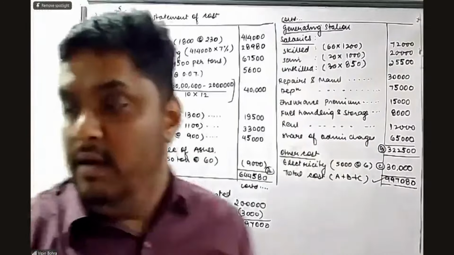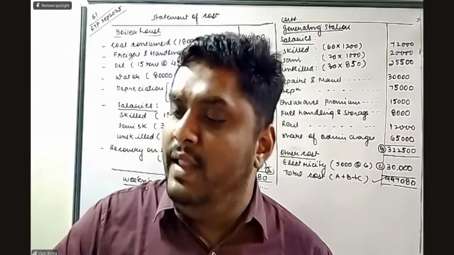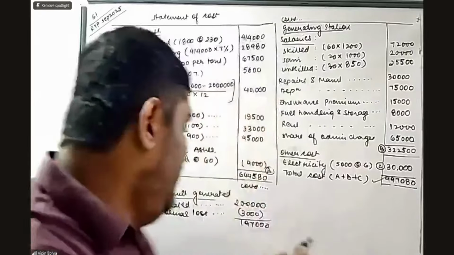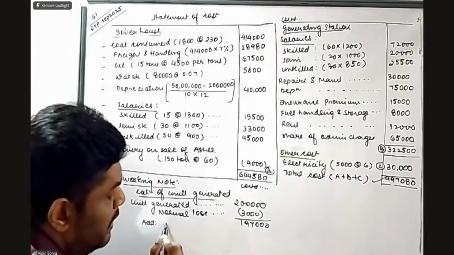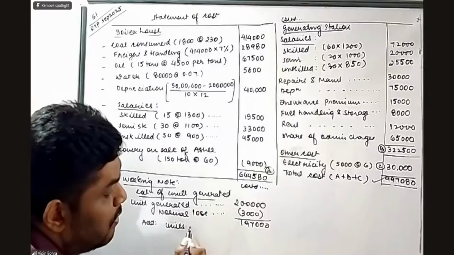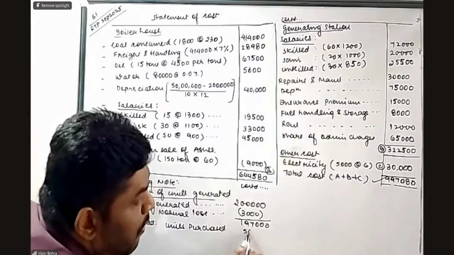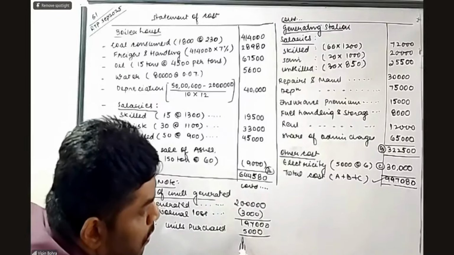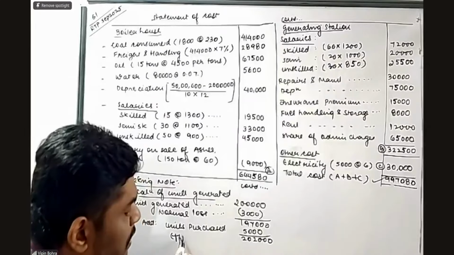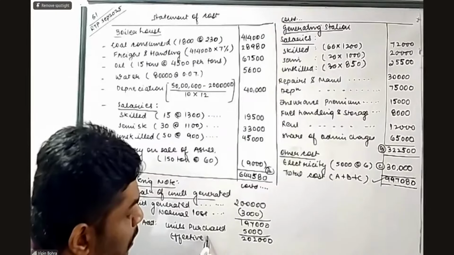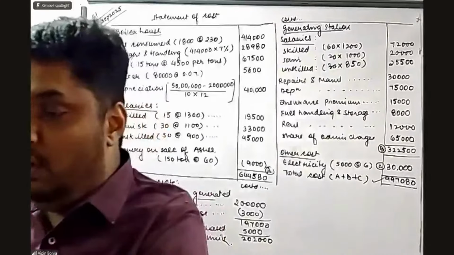In this, we will add 5,000, the units purchased, to get the effective units. I hope this part of the board is visible to all.